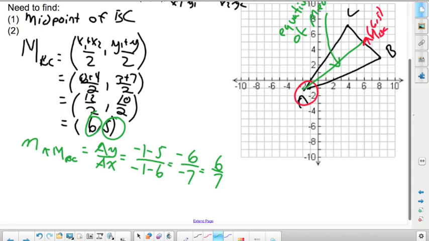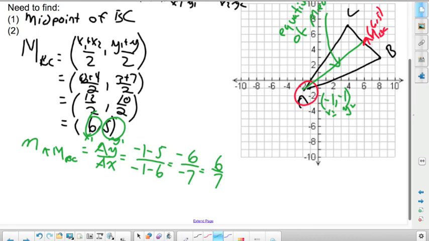Where'd you get the -1? -1 was my point A, so that was -1, -1. Basically, this was my x2, y2, and I treated this as my x1, y1. And you're getting the slope of the green line in the middle of the triangle? Yeah, I'm getting the slope of that green line because I want the slope of the median.